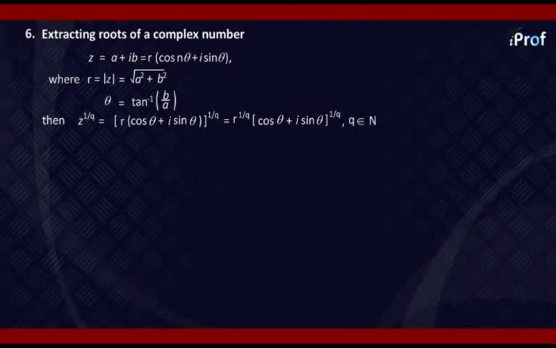Here we first of all generalize cos theta + i sin theta. That is, theta is replaced by 2n pi + theta, because cos theta and sin theta are periodic functions of period 2 pi. Therefore cos theta is equal to cos of (2n pi + theta), and sin theta is also equal to sin of (2n pi + theta).